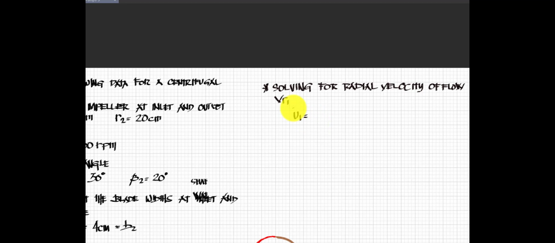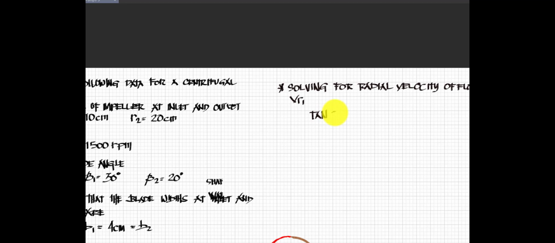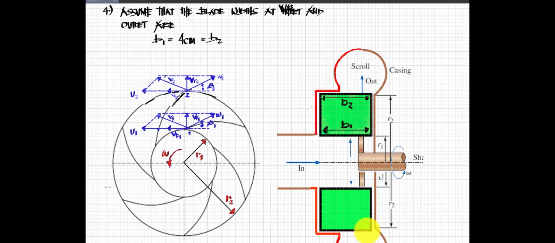To get the tangent of theta, we write the tangent of an angle of 30 degrees, using the angle at the inlet. Then that is equal to the value of U sub 1. Referring to the figure at point 1, we have the angle of 30 degrees.